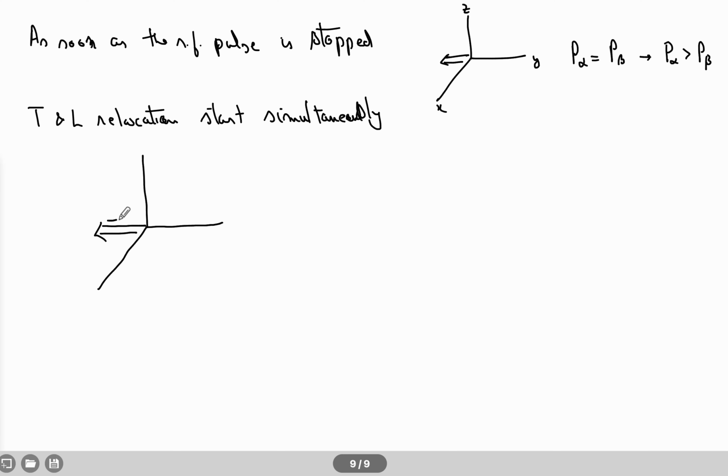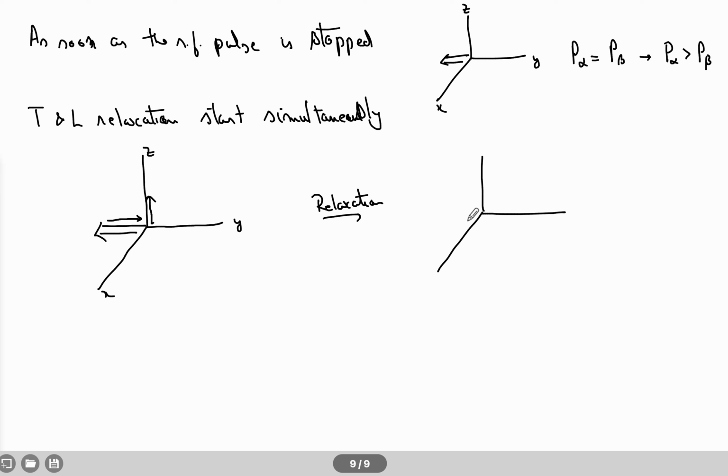So this vector will keep on decreasing in length, let's say, and this will keep on increasing in length over here. Okay, so M0 is slowly decreasing in length in XY plane and slowly recovering its length or magnitude in Z axis. Okay, how do I show this in a diagram? So this is relaxation.